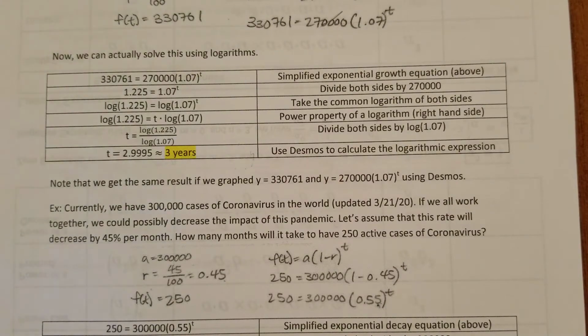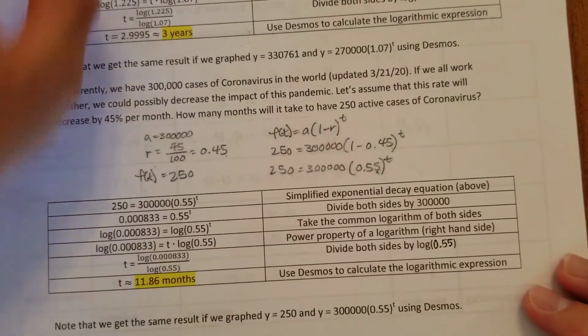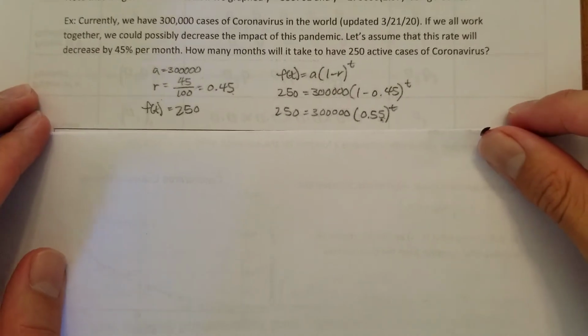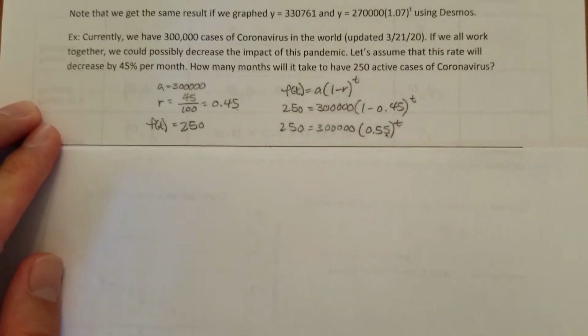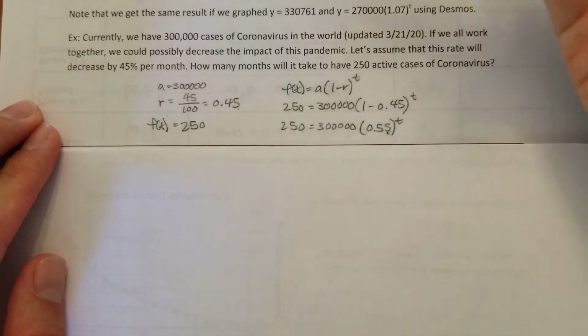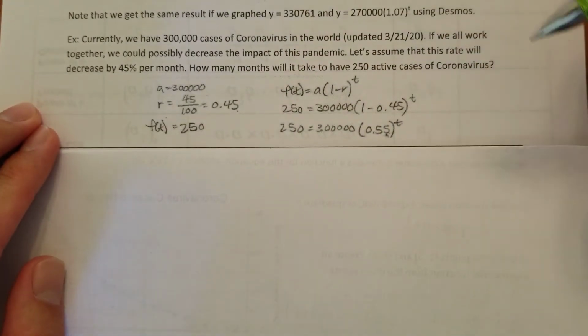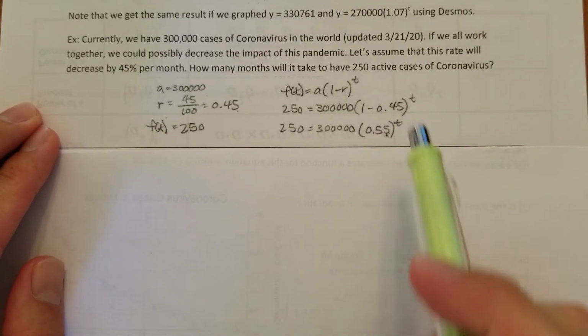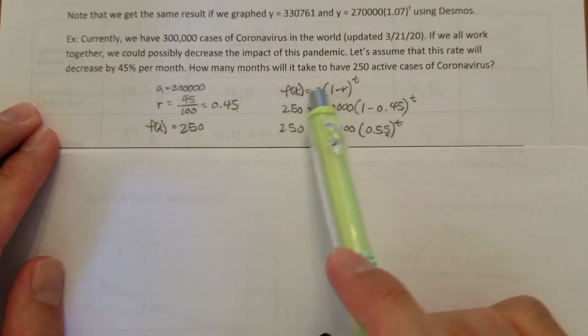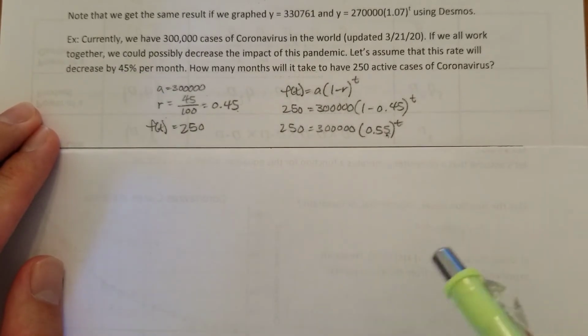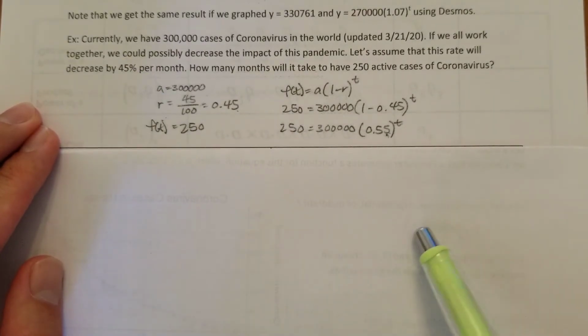Let me show you another example. The other example that we went over was the coronavirus example. If you have 300,000 cases in the world, this was a while ago, it's much more than that now. If we all social distance, then hopefully we see a decrease per month, but who knows if that really happens.